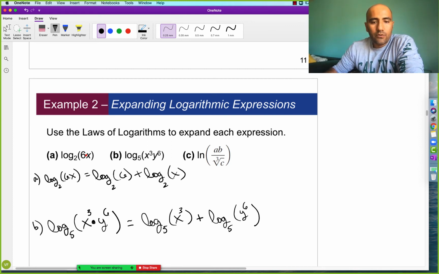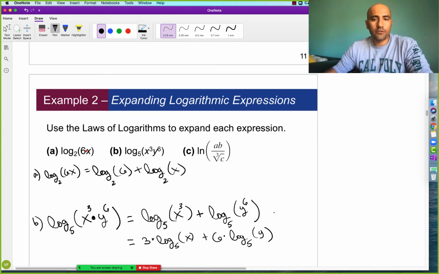And next, we can use our third property to bring that exponent out in front like a linear factor. And so this becomes 3 times log base 5 of x plus 6 times log base 5 of y. Good? Questions?